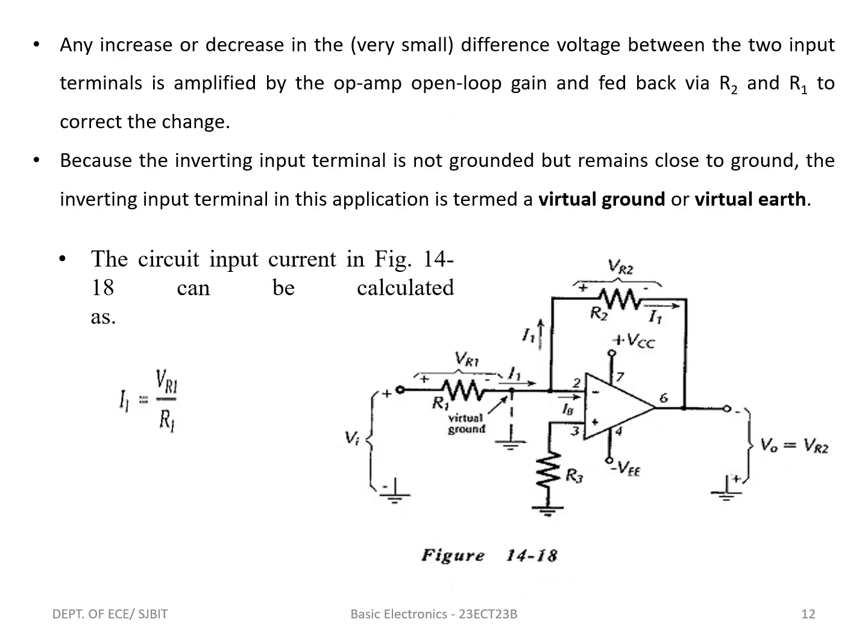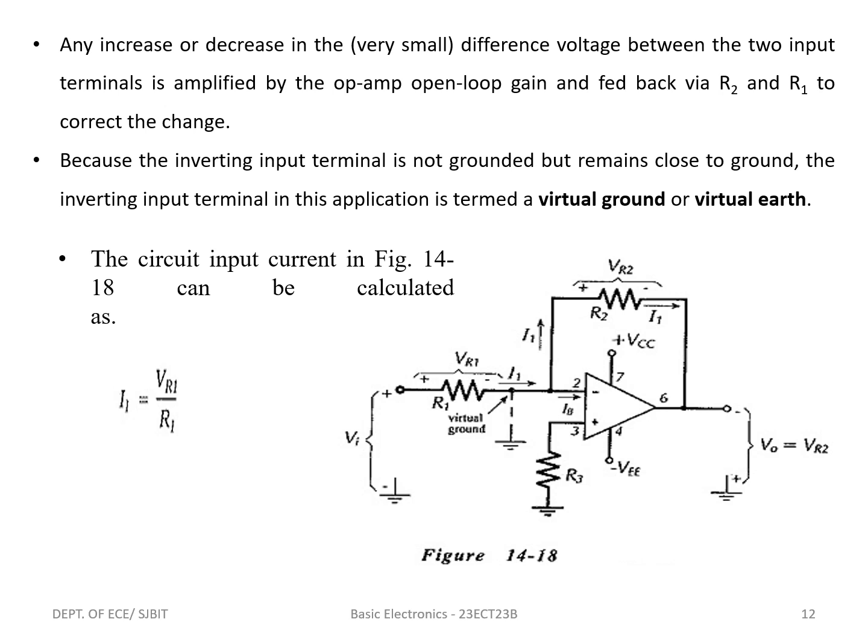Any increase or decrease in the difference voltage between the two input terminals is amplified by the op-amp open loop gain and fed back via R2 and R1 to correct the change. Because the inverting input terminal is not grounded but remains close to ground, it is termed a virtual ground.